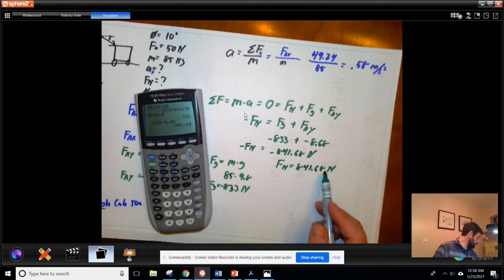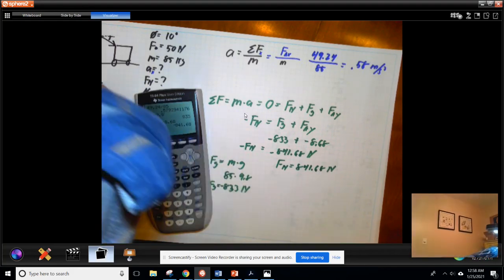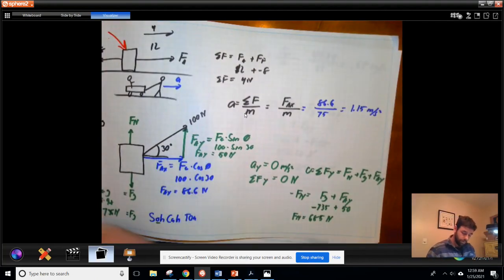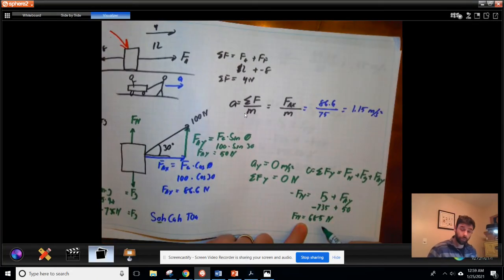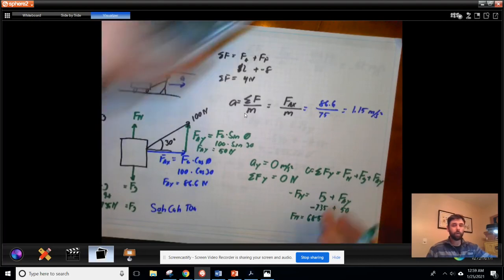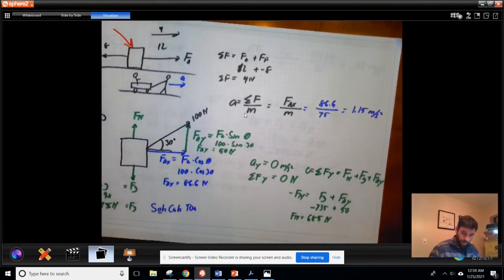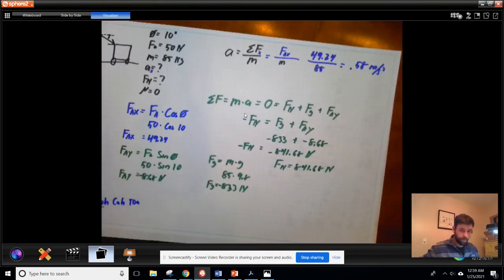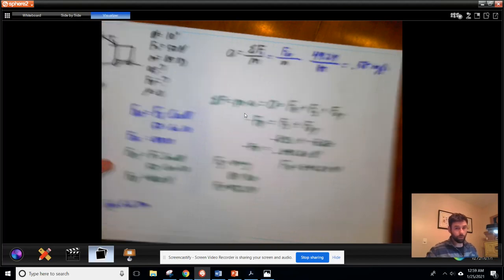Okay, if you look at the prior problem, when you were lifting up on it, your normal force dropped. Okay, that's what you should note, or that's what you should experience. If you're pulling up on something, your normal force goes down. If you are pushing down on something, your normal force is going to go up.